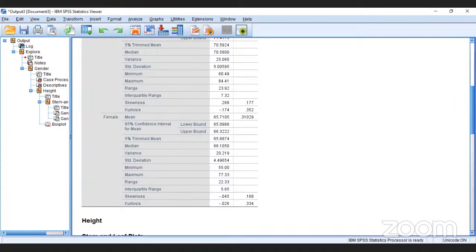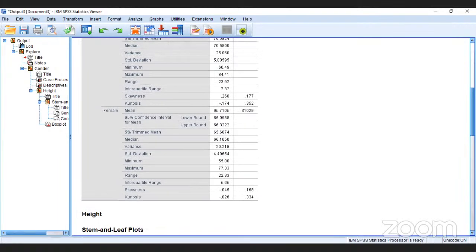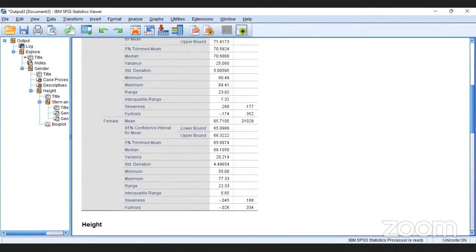Skewness for men is positive and for women is negative. What does that imply? What's the implication? In terms of height, how do we explain that?